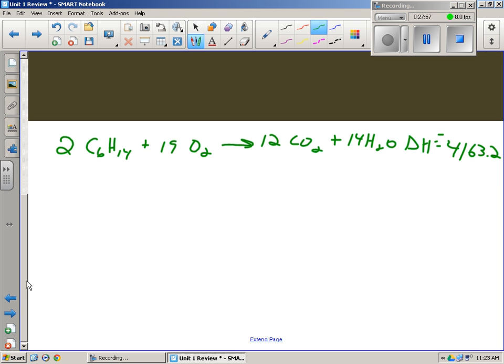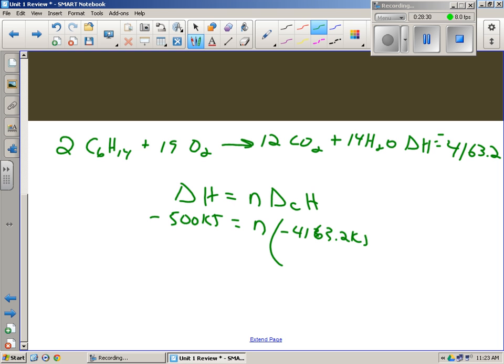Well, remember, you can do this in a formula way. You can just do a little common sense. I don't care how you do this. You can do ratio and proportion if you want. That's really what the formula does for you. But if delta H equals n delta CH, we could figure that out. It says here I want to release 500 kilojoules of energy. How many moles would do that if I have a molar enthalpy of negative 4163.2 kilojoules for every 2 moles that I burn?